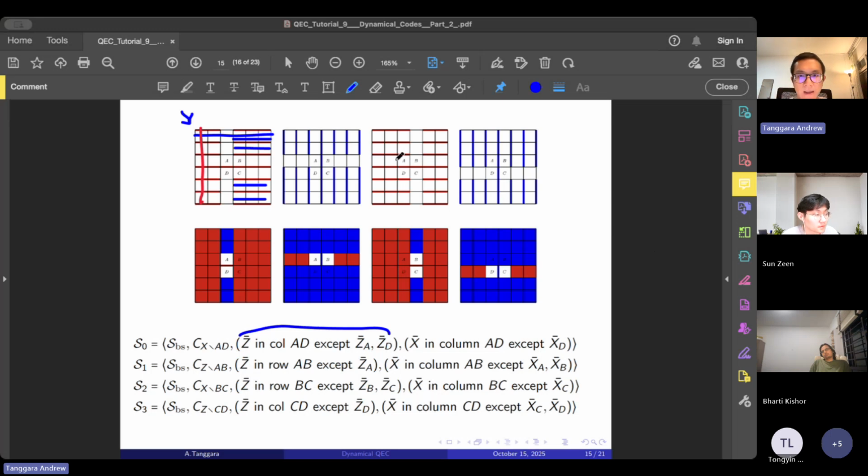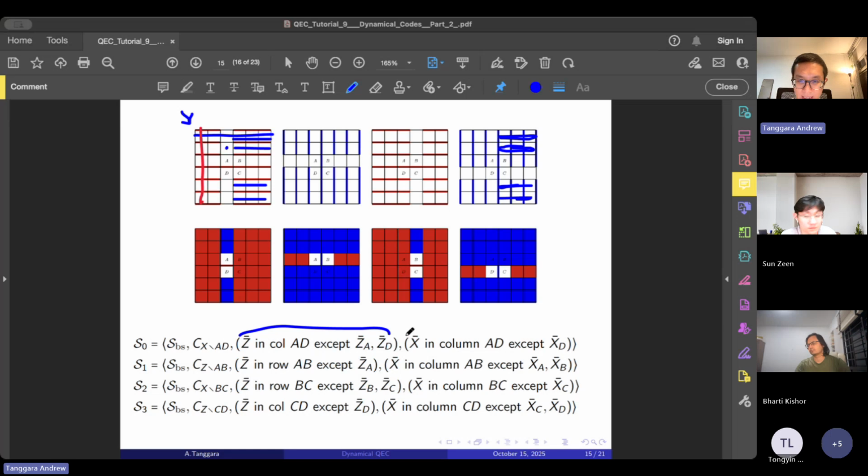And you see here, that is there because you get that from taking the product of these. And you don't extend it to this square because you don't have the X checks on that part of this AD row.